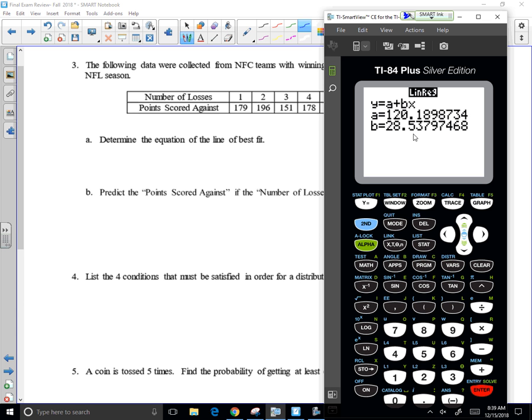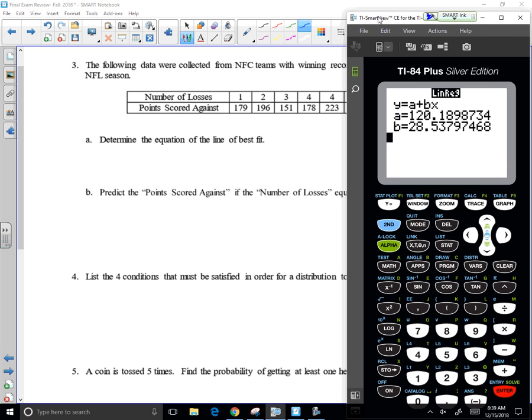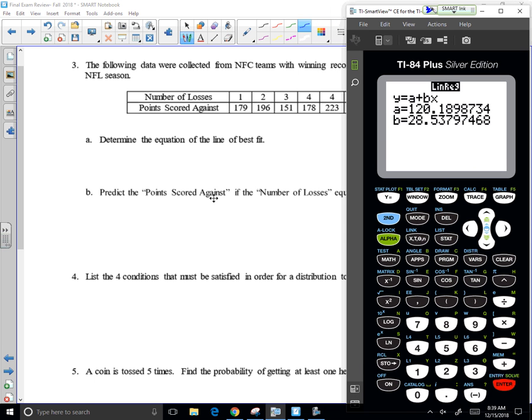All right, so if we get this down on paper, if at any point you're worried about rounding, write the whole decimal. I won't take off if you write the whole decimal. I will take off if you decide to round and you round incorrectly. Okay? So that's my promise to you. All right, so y equals, just follow the model, a plus bx.